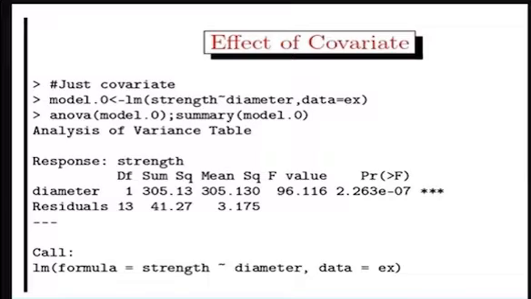Now, because ANCOVA that I talked about combines the technique of ANOVA and the technique of regression, it means the ANCOVA model has more assumptions than ANOVA has. There will be additional assumptions.